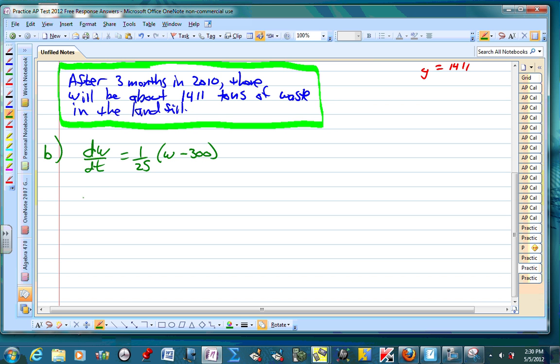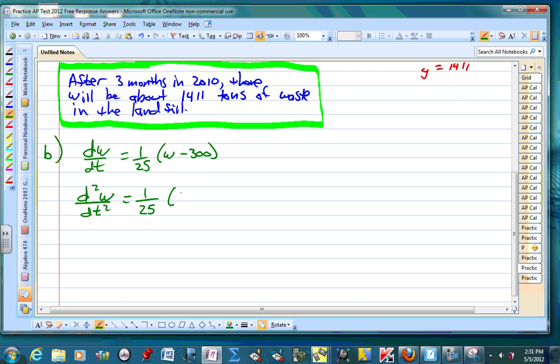Okay. So now the second derivative of W with respect to t is going to be, see, 1/25, that's a constant. Now we need to multiply by the derivative of W minus 300. Well, let me rephrase that.